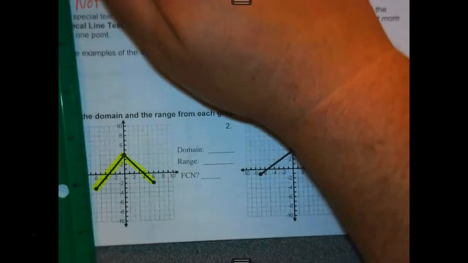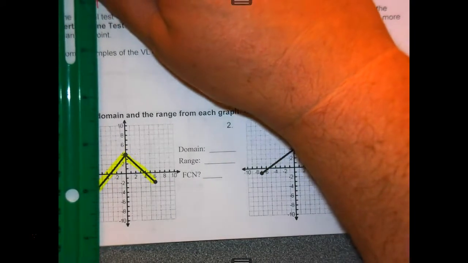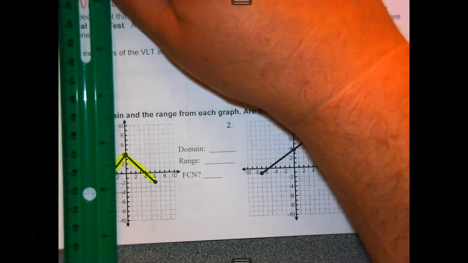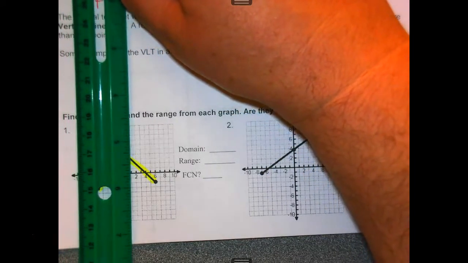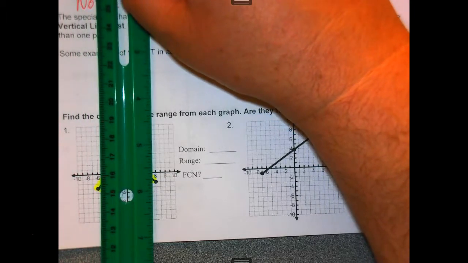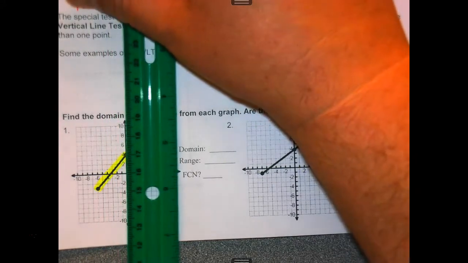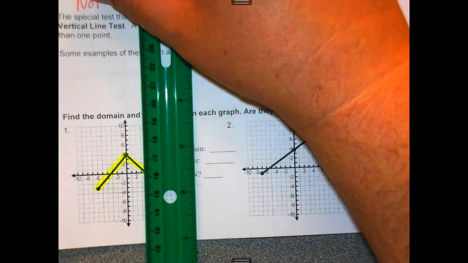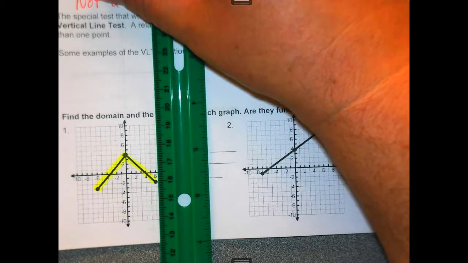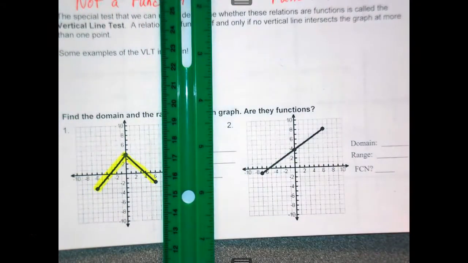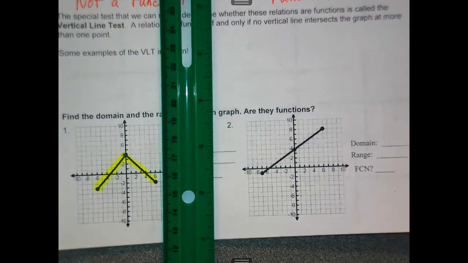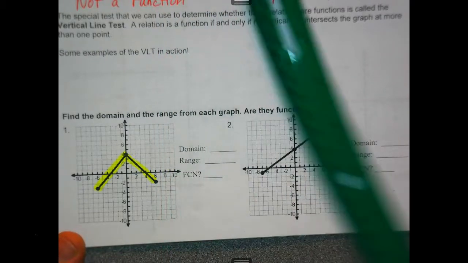So here we go. Ready? 1 point, 1 point, 1 point, and so on. It crosses at 1 point each time. So yes, this is a function.